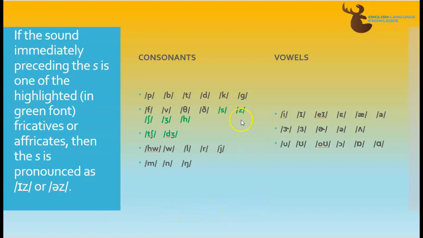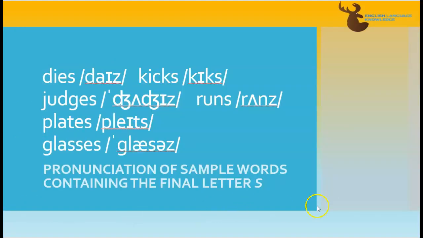Okay, so all these green sounds, or these sounds highlighted in green, are the fricatives or affricates that if you find them preceding a final S, then the final S is going to be pronounced as an extra syllable. It's going to be pronounced something like "iz" or "is".